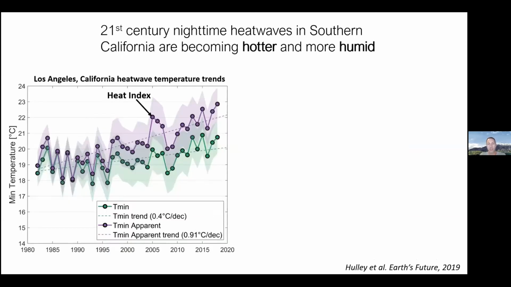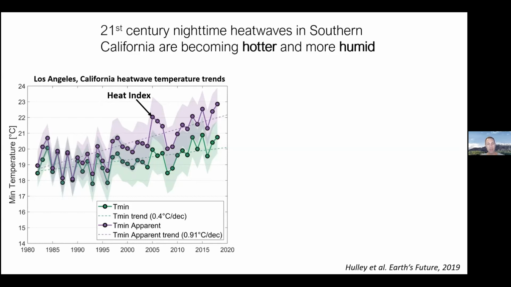And one of the most disconcerting results that we found was that not only are the frequency, intensity, and so forth increasing, but the nighttime heat waves in Southern California are becoming much hotter and more humid. The left plot here shows the temperature of heat waves in green, this is the nighttime temperature, and this is the trend from 1980 to present day.